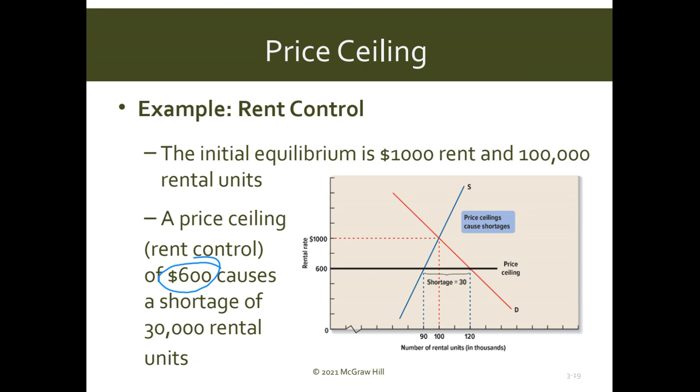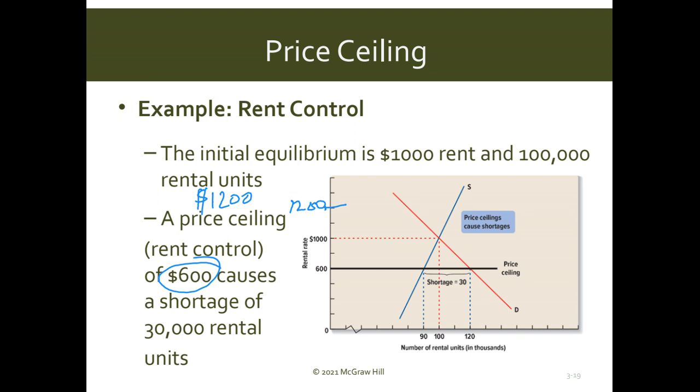What would happen? At $1,200, somewhere here, see what I'm doing. Basically, now I'm fixing rent at 1,200, which is above the equilibrium price. You know the equilibrium price is 1,000.